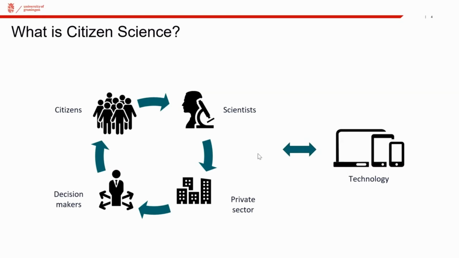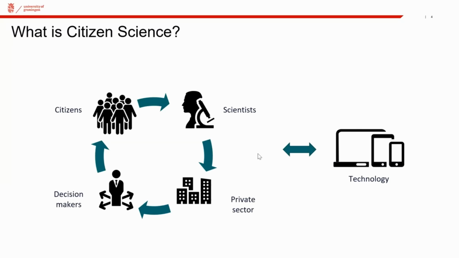This collaboration started really between citizens and scientists, but we now have more actors in the mix, if you will. Decision makers, policy makers like cities or government organizations are increasingly engaged with the topic. And we also see a prominent role for the private sector, providing tools and technology, but also applications for the concept. And all of these relations between these actors are normally mediated through technology. This could be apps, sensors, or any other type of mediating technology.